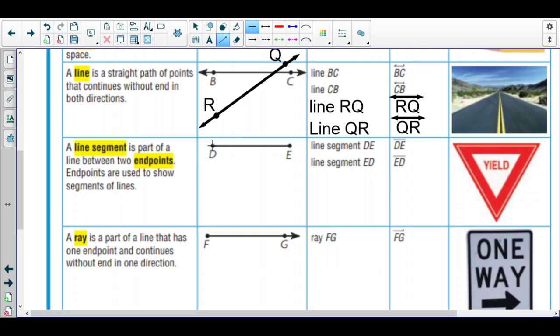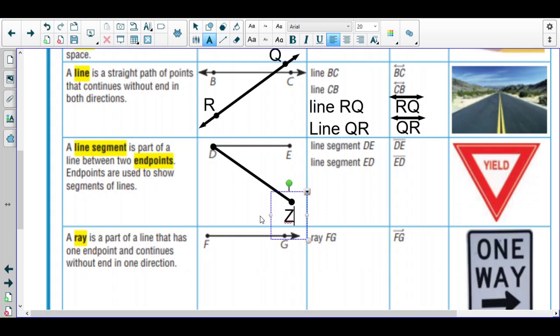Let's make a line segment that goes from here to here, and we'll get points on the end of that one. And let's call this point Z.